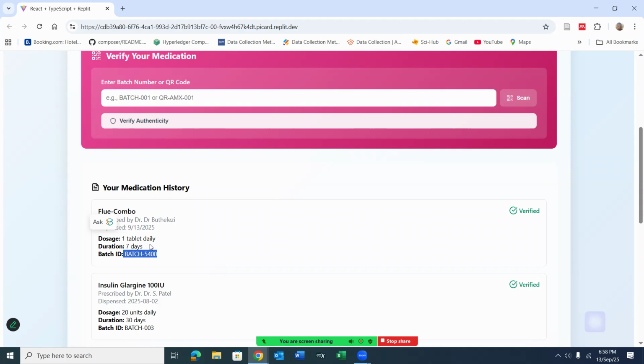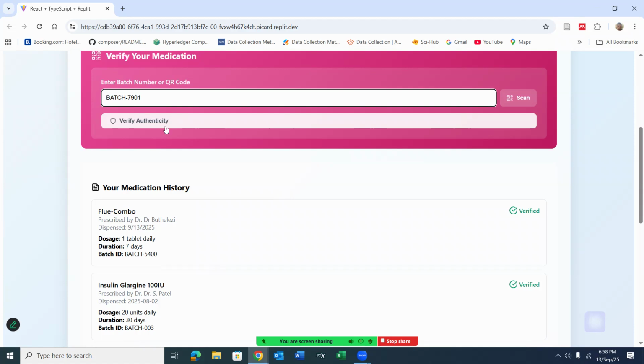Someone came and changed the information of the batch, and then, for argument's sake, SIPO now has the drug with batch number 7901 instead of 7. Where is flu combo?